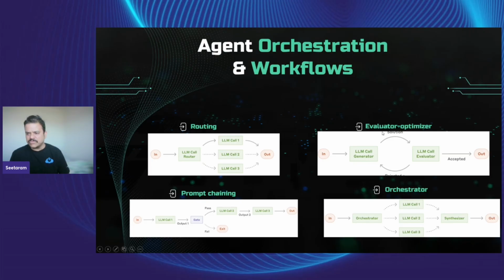And then the evaluator optimizer. The LLM call generator is an agent which will work on some action. Once it provides the output to the evaluator, which is another agent, it takes the input from this generator, analyzes it, and provides feedback to the LLM call generator.